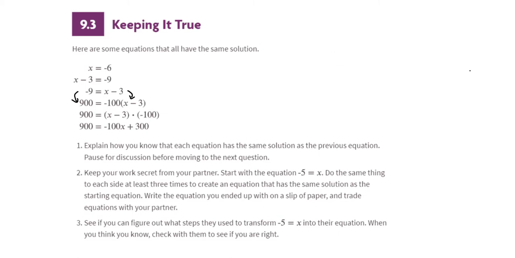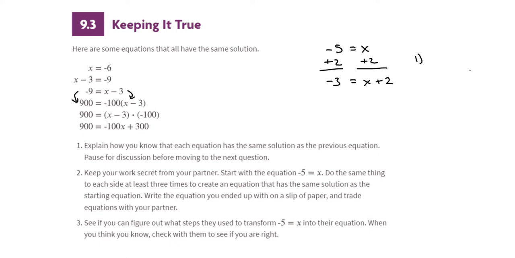So we're going to start with -5 is equal to x. So maybe I add 2 to each side of this. So if I add 2 here and I add 2 here, I end up with -3 is equal to x plus 2. So that's one thing I did. I added 2. That was step 1.